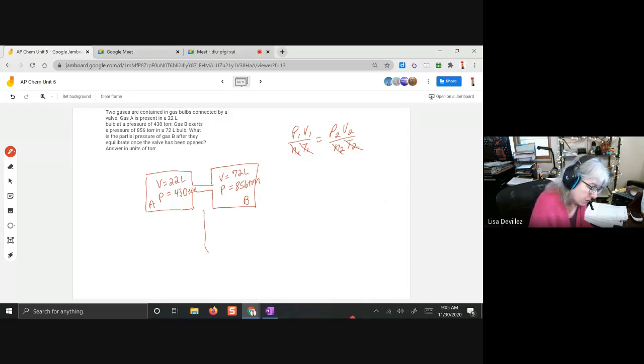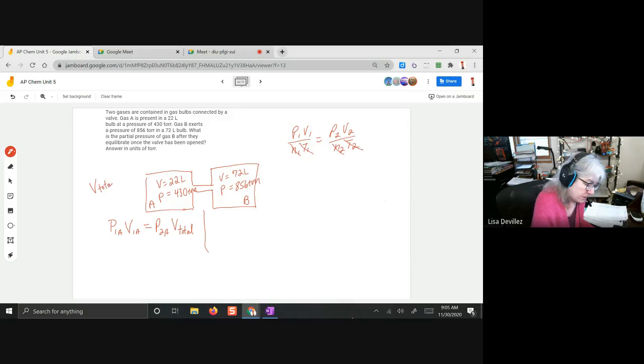So you'll have your pressure 1, we'll say P1A, V1A, okay, is equal to P2A and V total, because they're both going to be in the same volume. So which V total in this case, right?